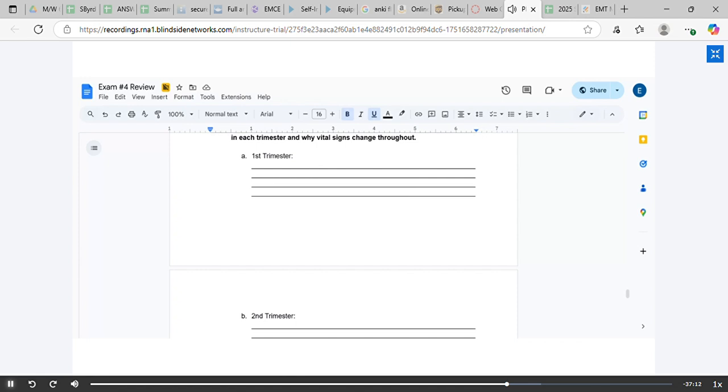When we're talking about her blood pressure, it will slightly decrease in the first and second trimester, but it will normalize in the third. Okay, because remember, her heart rate increases, so her blood pressure is going to go down just a smidge in the first and second trimester, and that's okay. But it'll normalize in the third.